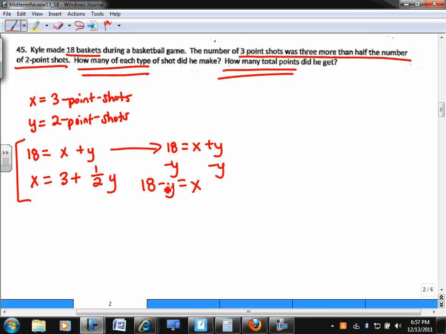So now that I have both equations set equal to x, I'm going to solve for y by setting them equal. So 3 plus 1/2 y equals 18 minus y. Okay, let's get all of our y's on one side. So I'm going to subtract 1/2 y from each side.